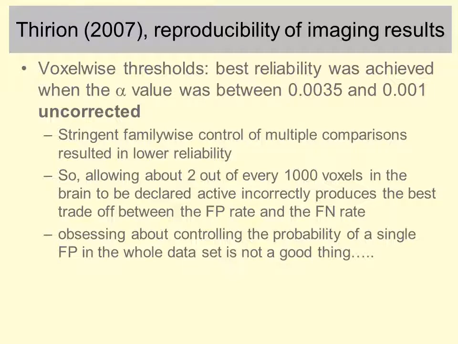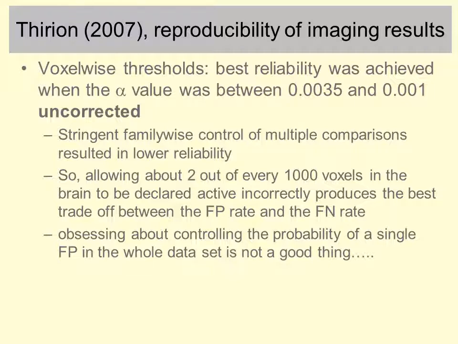So just setting a 1 in 1,000 chance that any individual voxel time course will give you a false positive result and produce better science than all of these complicated procedures for trying to fix the overall rate of family-wise error across the data set.